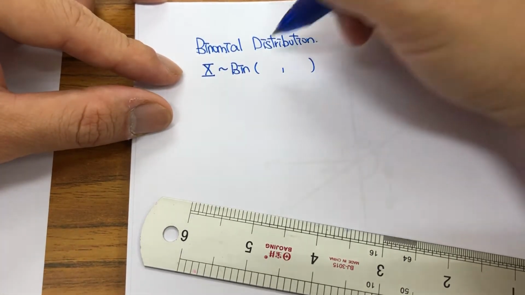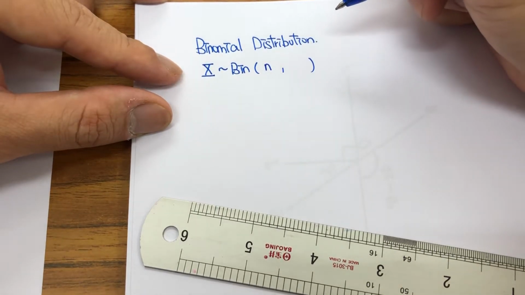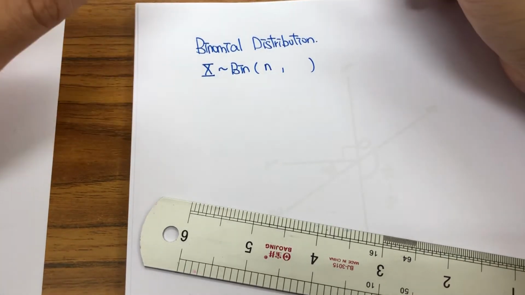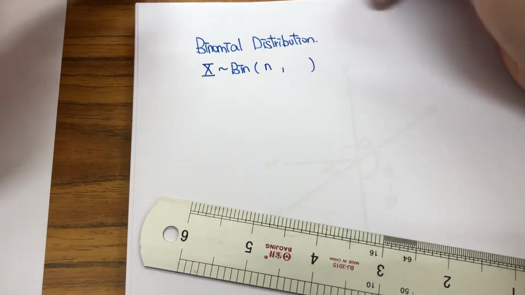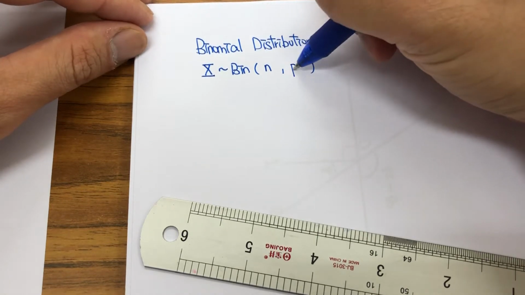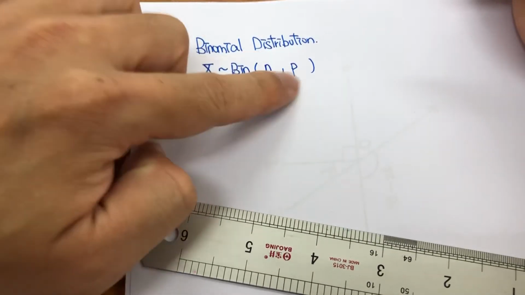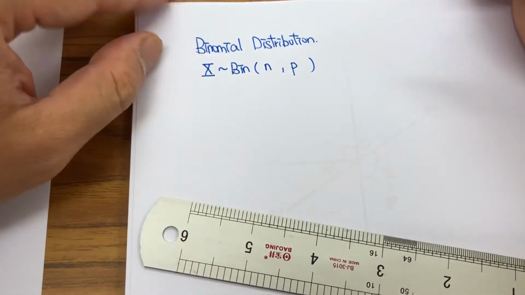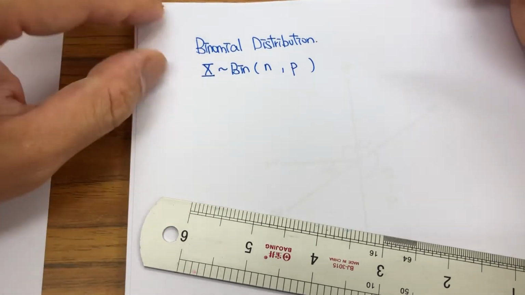First of all, how many times the experiment is conducted, and for each trial, what is the probability of success. So these are the two important parameters of the binomial distribution.